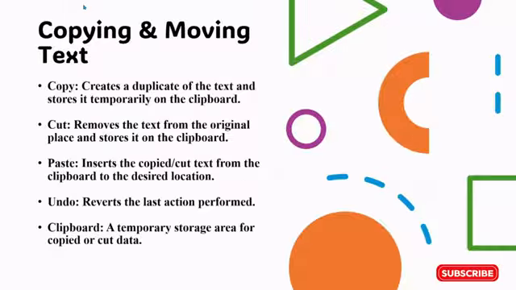Undo reverts the last action performed. So you're reversing, you're going back. And a clipboard is a temporary storage area for copied or cut data. So these are 5 important concepts that you will need to know when you are copying and moving text.